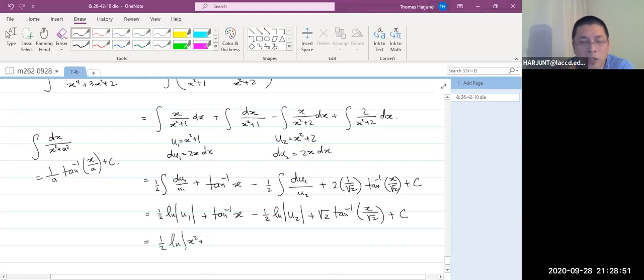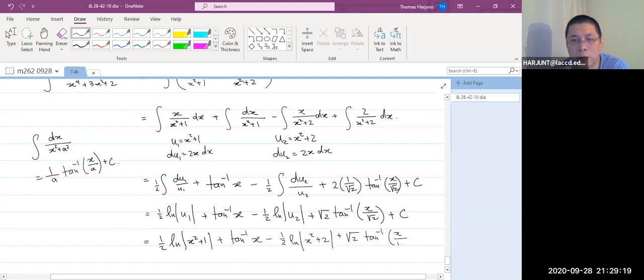You will see our textbook may just use parentheses here because x squared plus 1 is always positive anyway. You see what I mean? Plus tangent inverse of x minus 1/2 natural log of x squared plus 2 plus square root of 2 tangent inverse of x over square root of 2 plus constant.